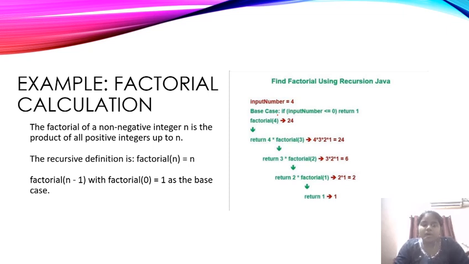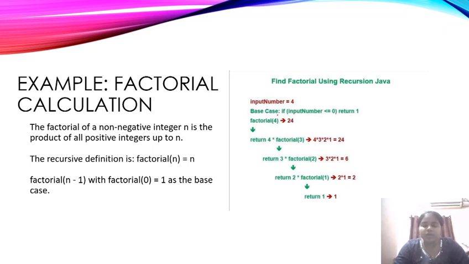We can see in this image how to find the factorial using recursion in Java. The input number is 4, and the base case is if the input number is greater than or equal to 0, returns 1.